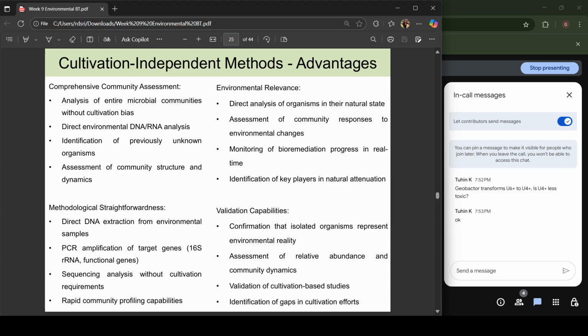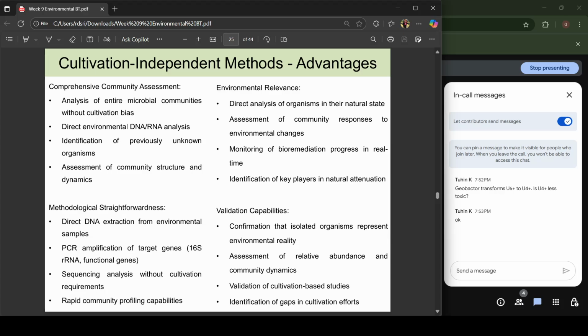So when we talk about methodological straightforwardness, it is not about having some media, trying to grow it for days and then performing some experiment. We just directly isolate the DNA, amplify it, and then sequence it. And based on the sequencing, we start profiling the community. So this is less time consuming and straightforward. When talking about the environmental relevance, in case of culture dependent methods, we are creating an artificial environment.